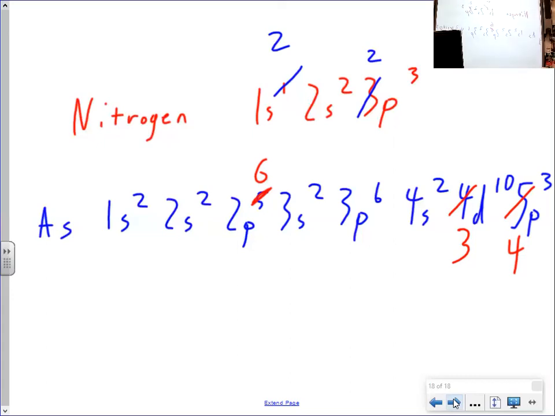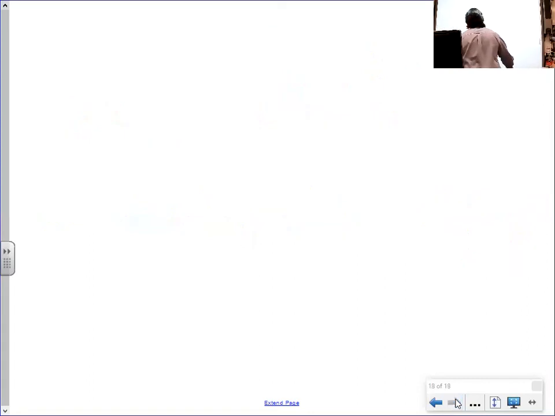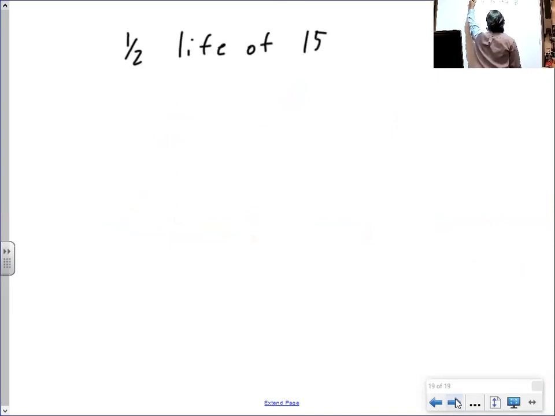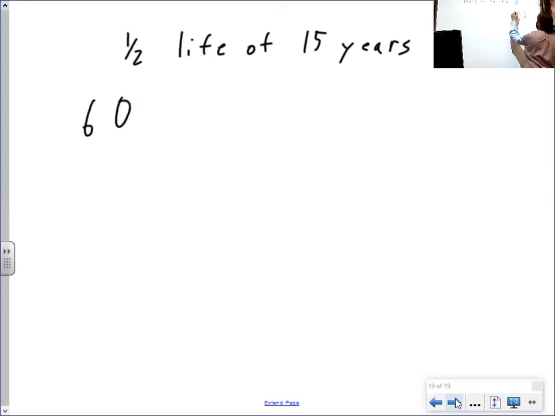I promised you another example of half-life. Let's try another example of half-life real quick. All right, so let's say something has a half-life of 15 years. And right now you have 60 grams of it. I want to know how much you're going to have after 60 years.